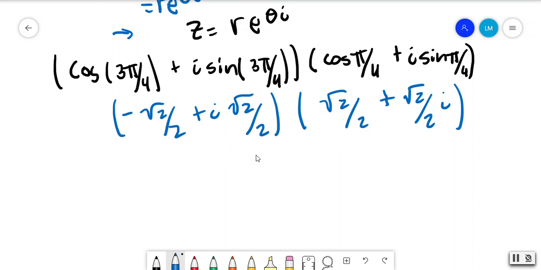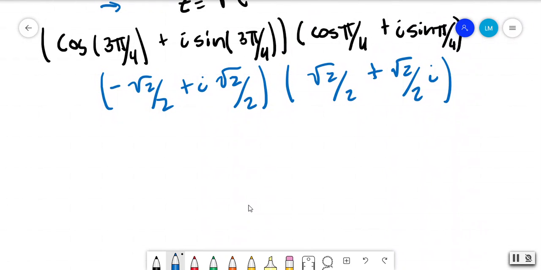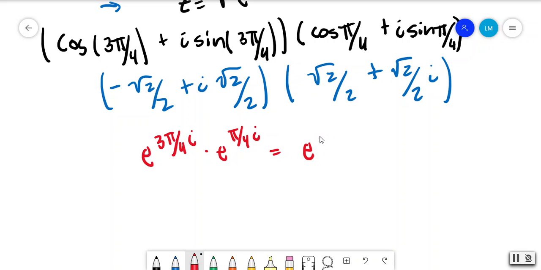So why don't we do this instead? According to Euler's formula, you have e to the 3 pi over 4 i, and for this one e to the pi over 4 i. When we multiply, exponents add.